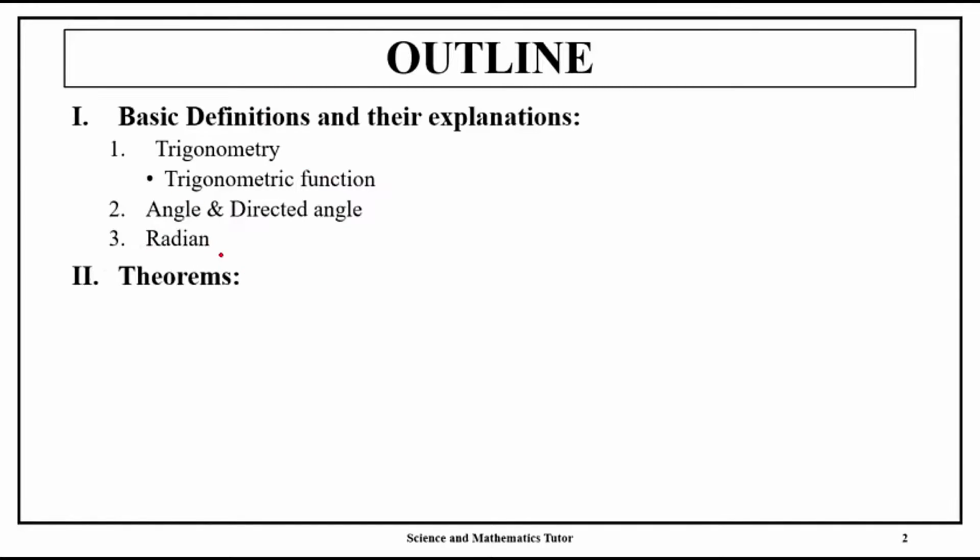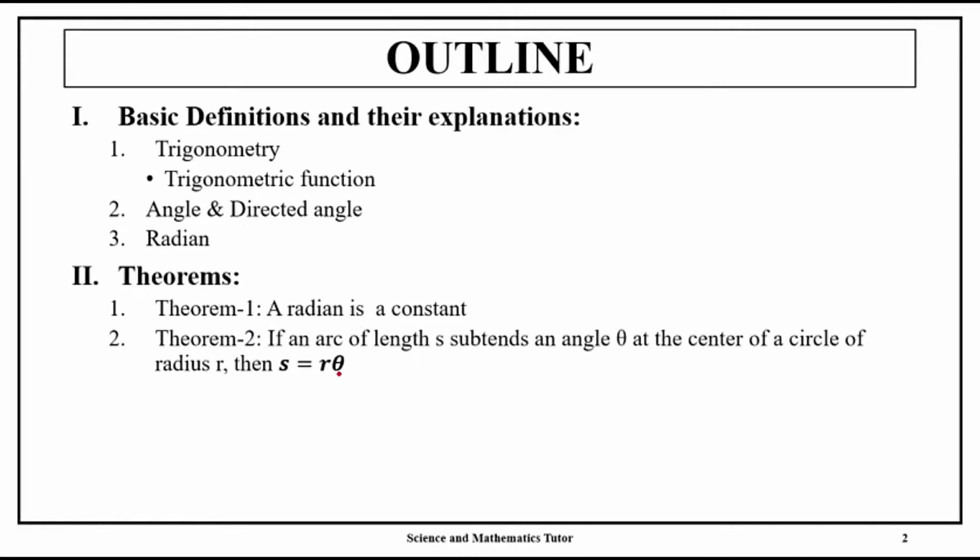Once we are familiar with all these three basic definitions, we can move on to theorems. So in the second session, I will be discussing three main theorems used in application with radian measure of an angle. The first theorem is that a radian is a constant.